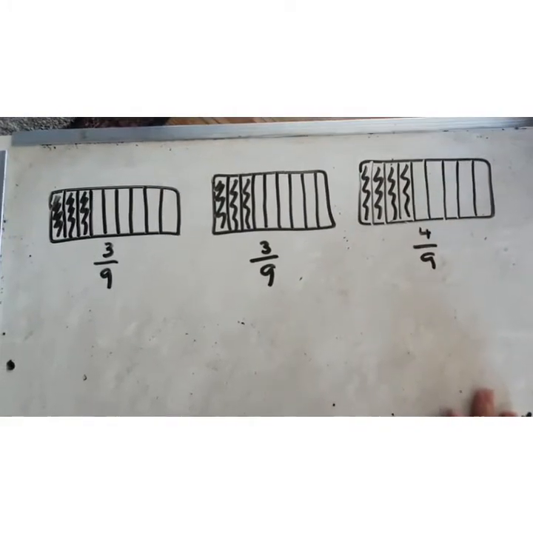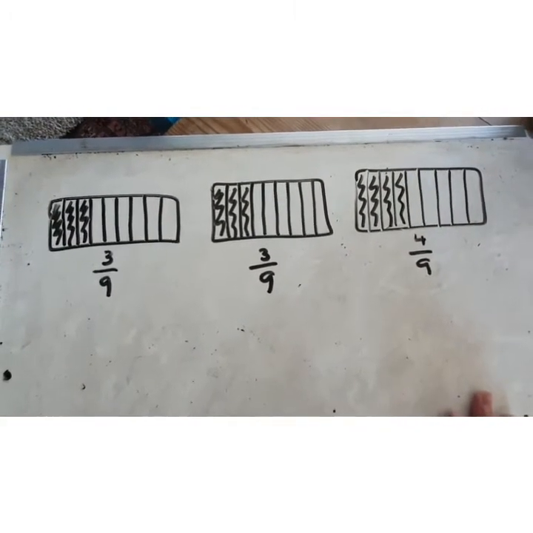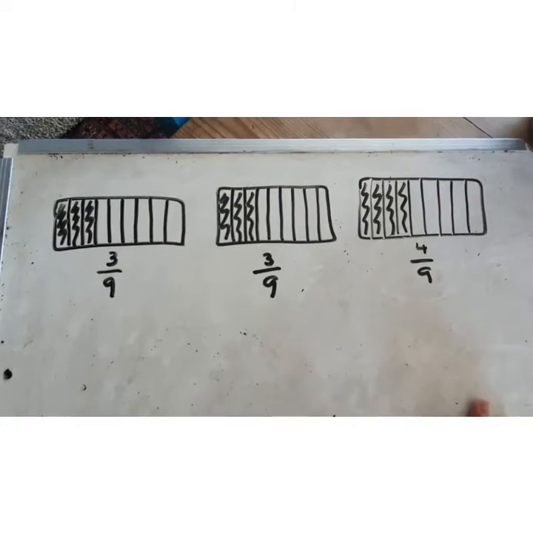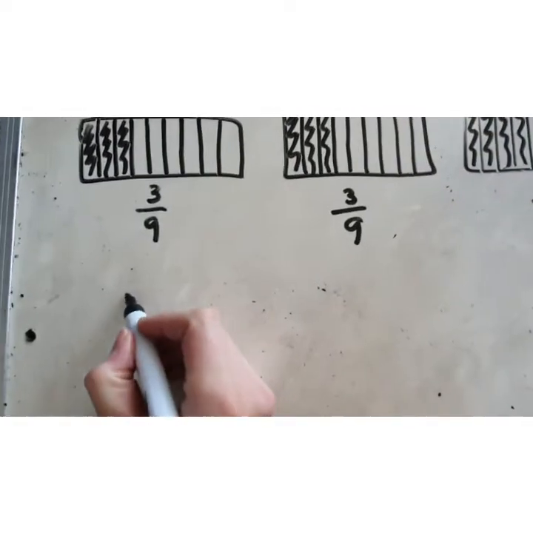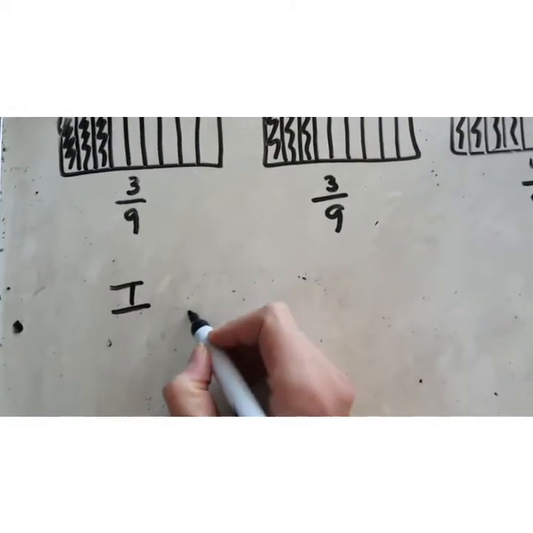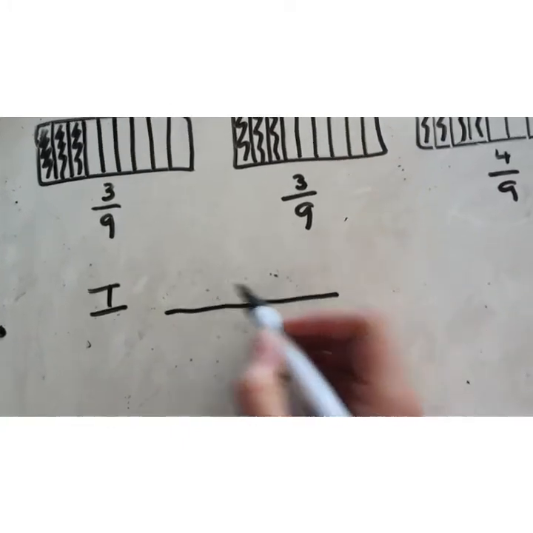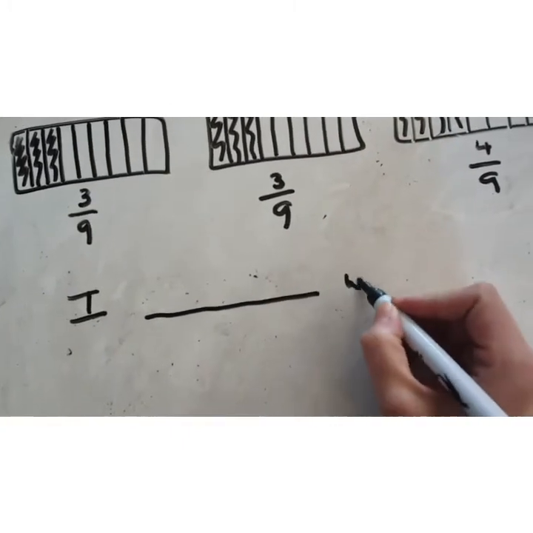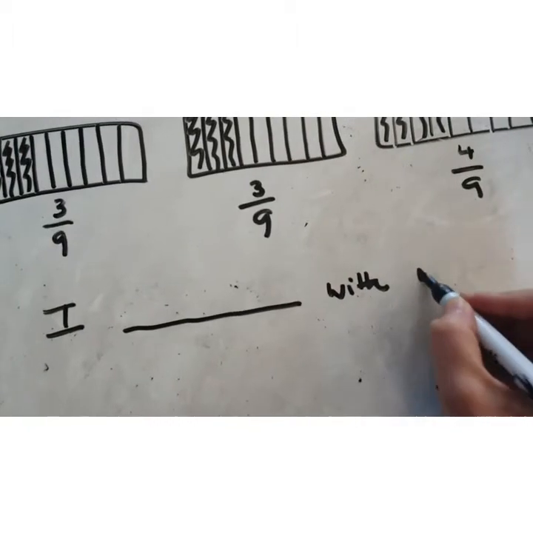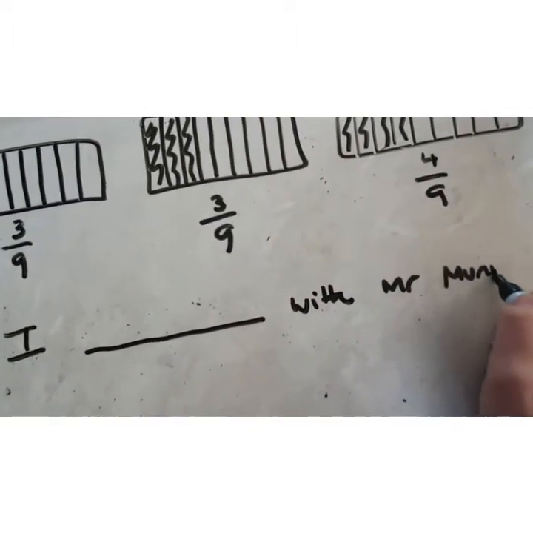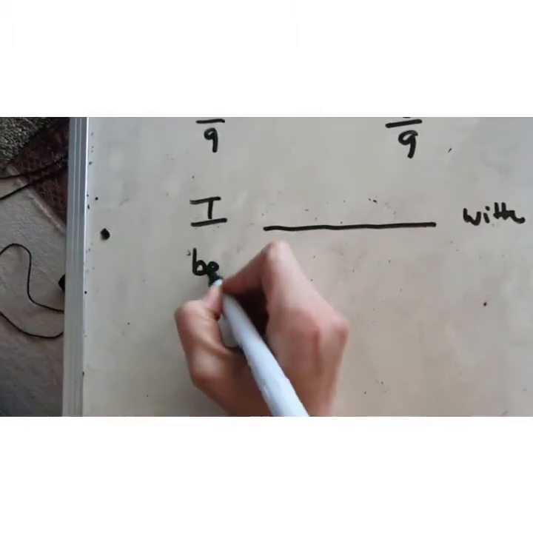Okay, so what I'd like you to do is pause the video now and see if you can write down an answer that says something like, now this is where you put agree or disagree with Mr. Monroe, because.